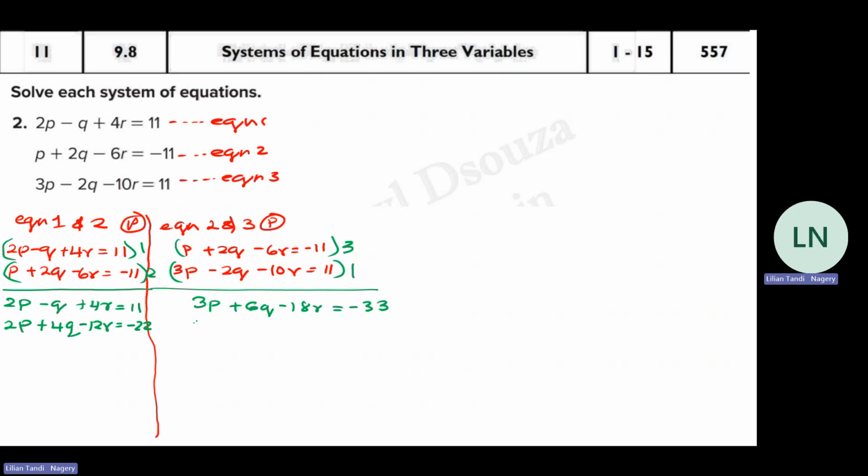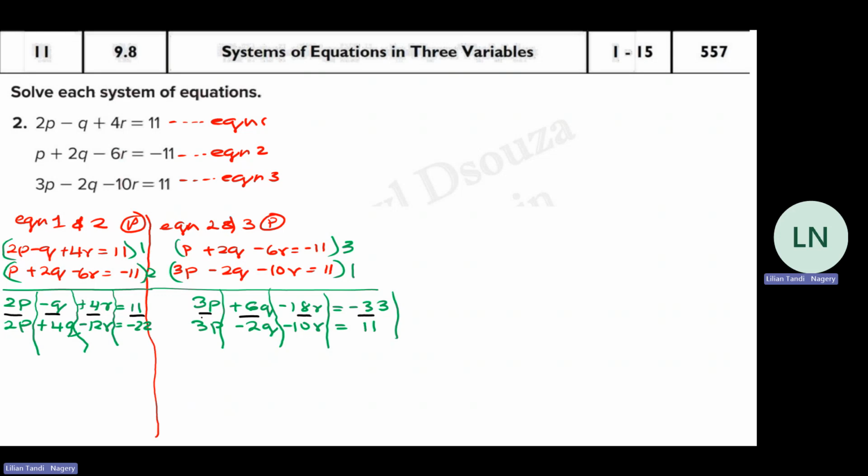And then here you have 3P minus 2Q minus 10R equals 11. It stays the same because you're only multiplying by 1. Make your houses. And since you're eliminating P and your values are the same, you will minus. So subtract each house.